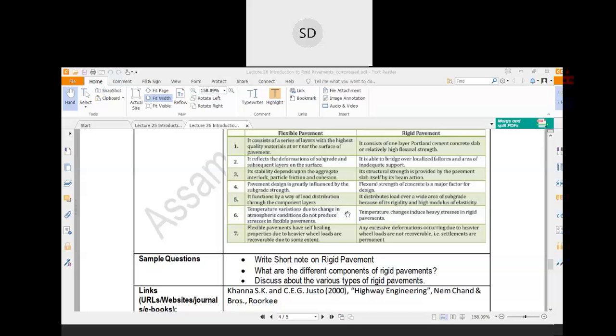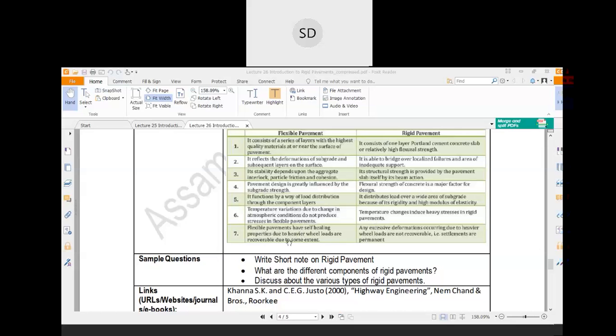Then temperature variation due to change in atmospheric conditions does not much affect the flexible pavement, but for the rigid pavement, these temperature stresses are very crucial.